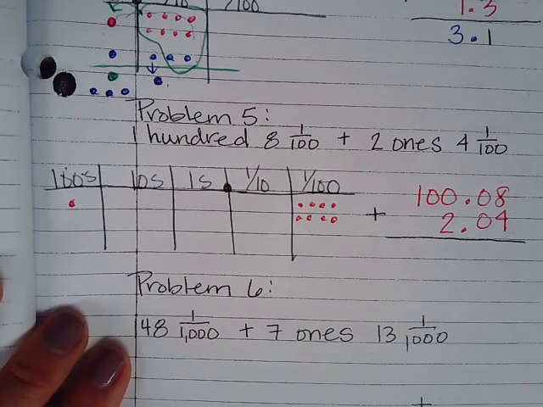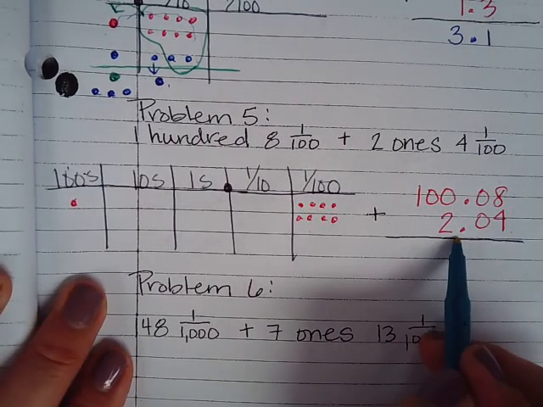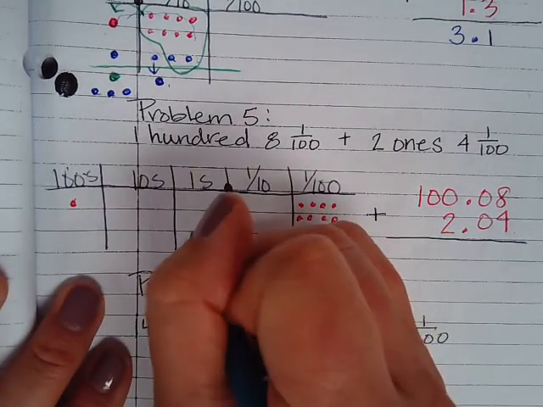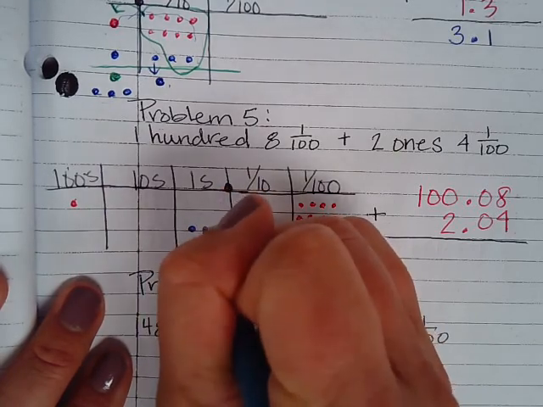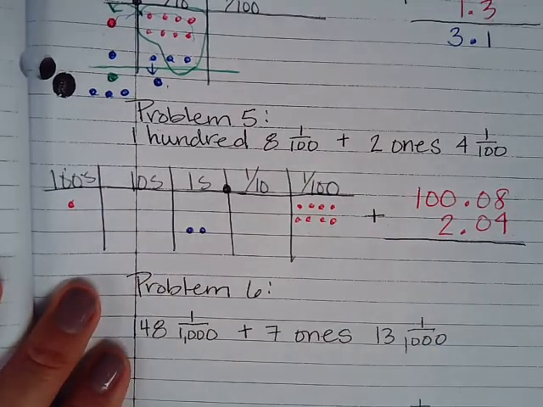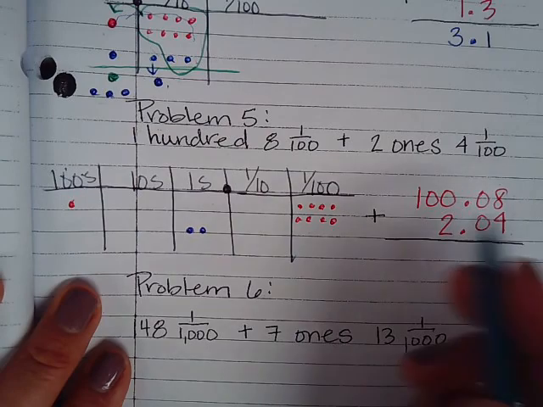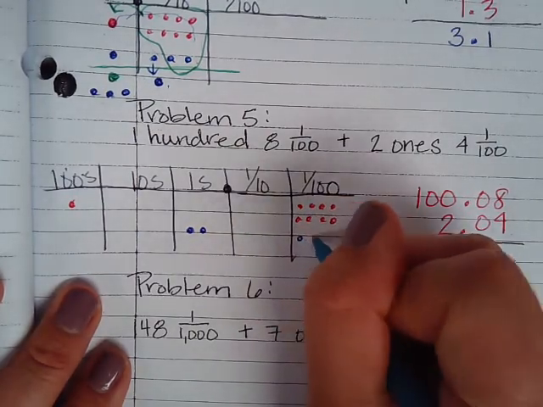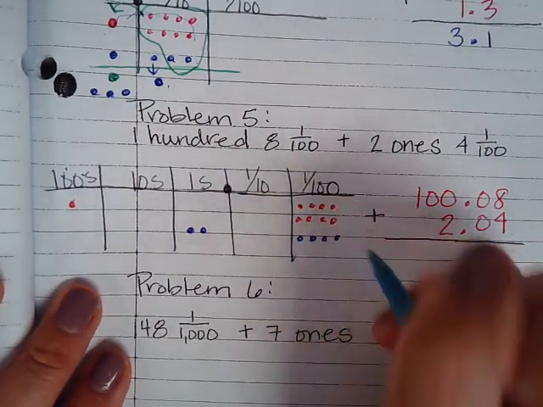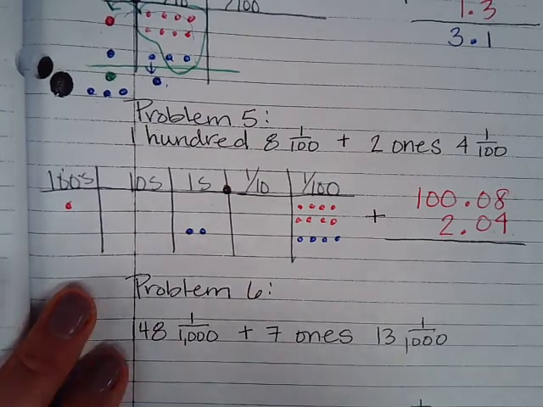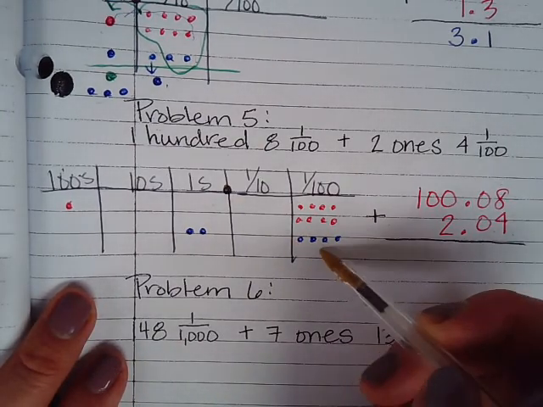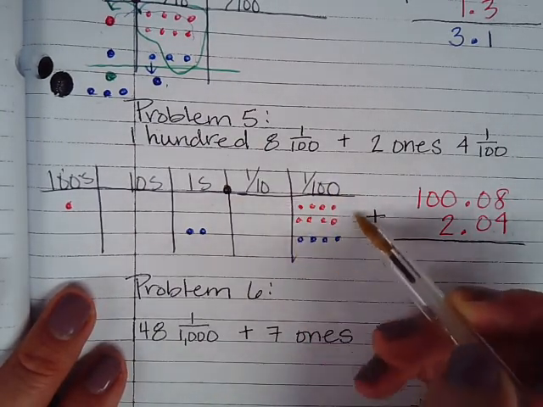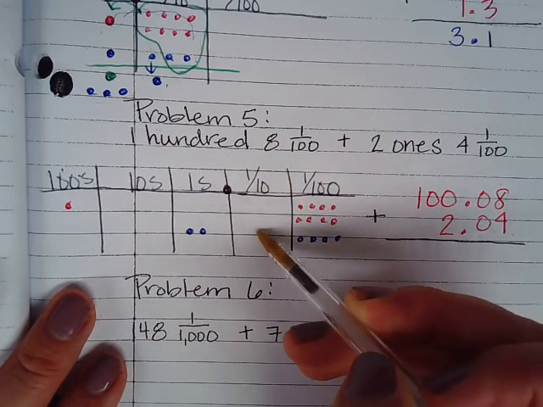Okay, that's our first number. Then we have our second number, which is 2 ones and 4 hundredths. 1, 2, 3, 4. So now we want to try to combine these and create a 10 and move the 10 over.